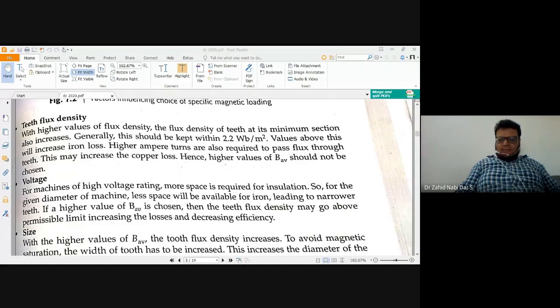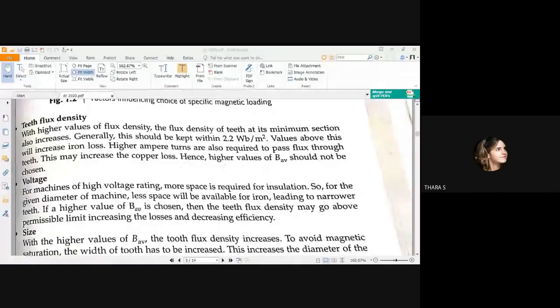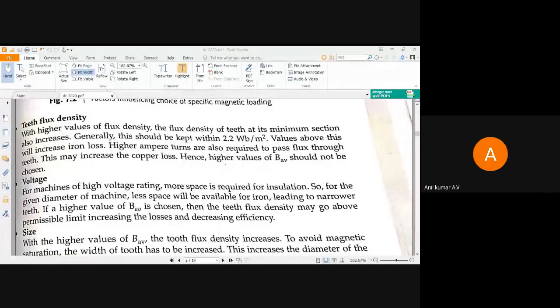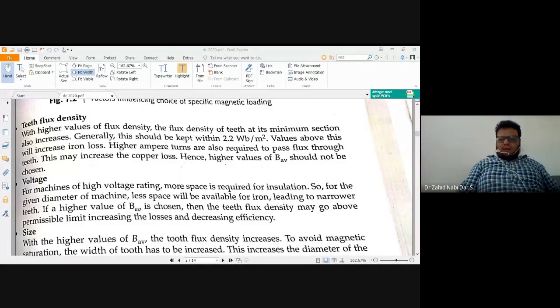Where are you? Are you listening or not? Okay. So what about Unnati, Vanishri, Sachin Reddy? I am marking all absent. Anil Kumar AV, are you there? Yes, sir. Okay. Anupam S. Kumar, are you there? Okay. Anupam, yes, sir.